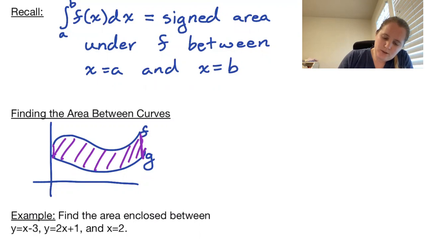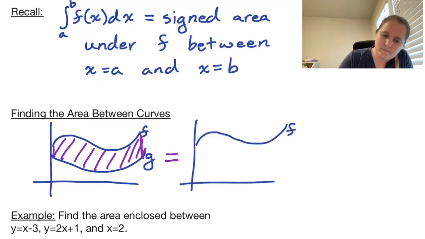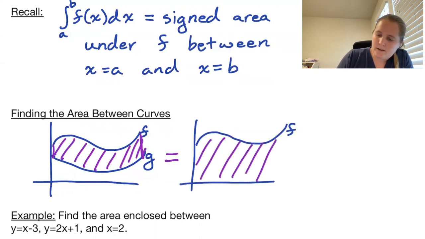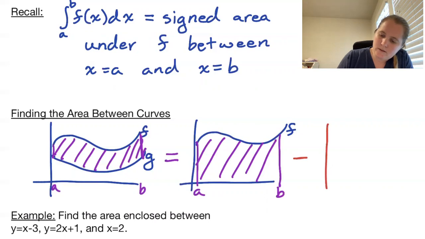So this should be equal to finding the area under f, and then, if this is our a and b, subtract off the area under g.